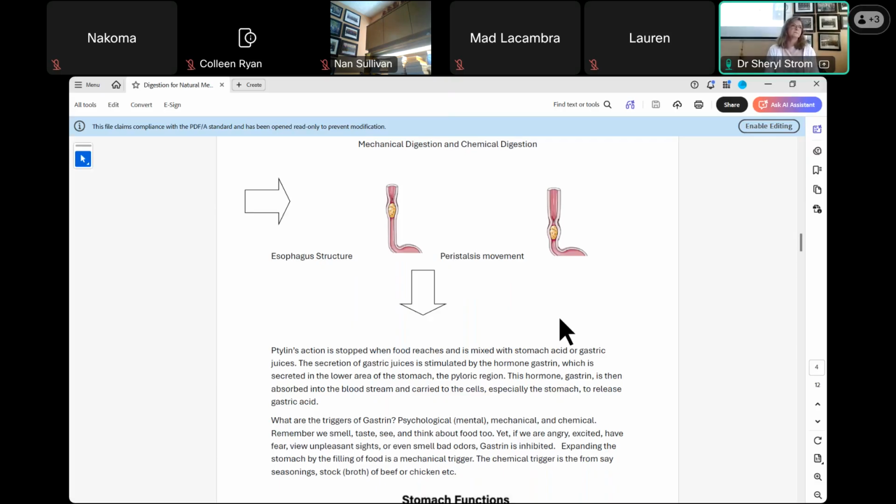Well, I was on call, and actually I've seen this multiple times. And Colleen is right, this particle of food is called a bolus.